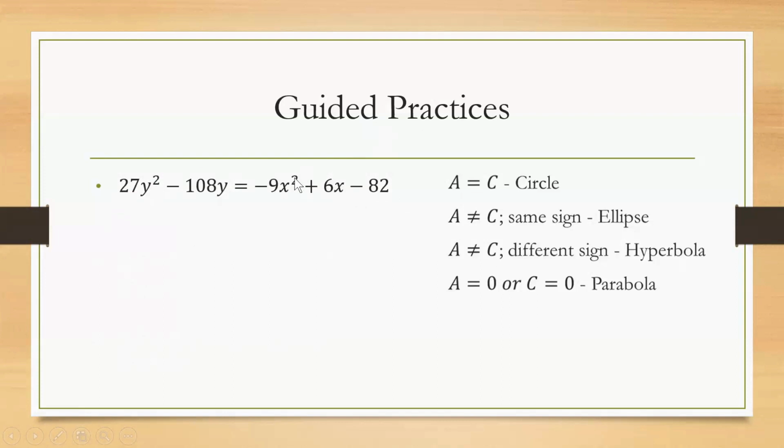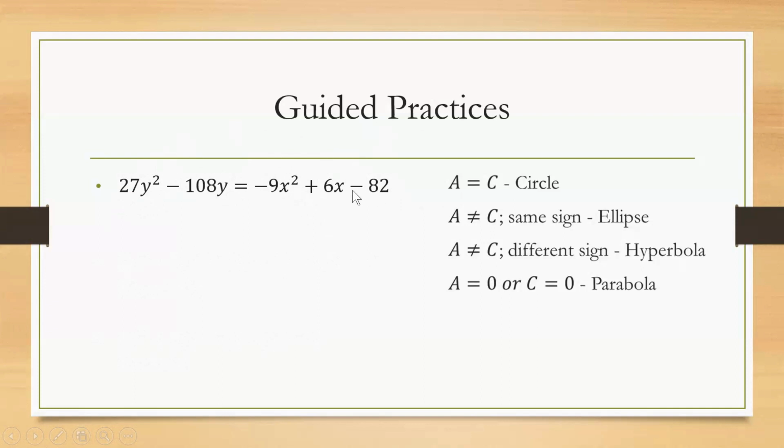But here, since we have a negative coefficient for our x squared term, it is easier to move the right group of terms to the left side. So if we do that, negative 9x squared becomes positive 9x squared. Positive 6x becomes negative 6x. Negative 82 becomes positive 82.